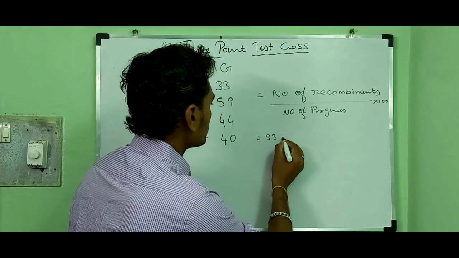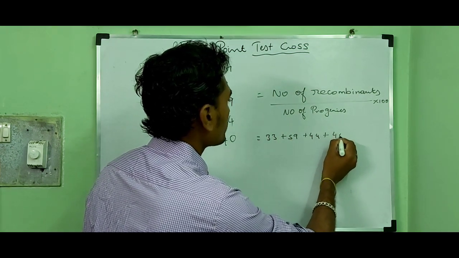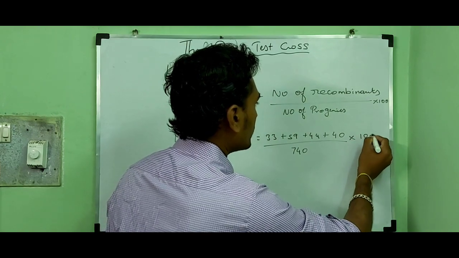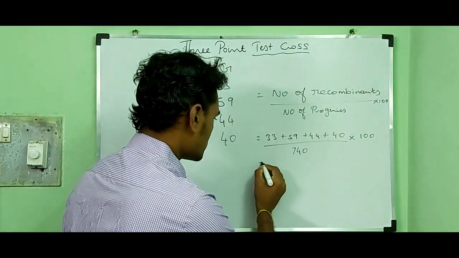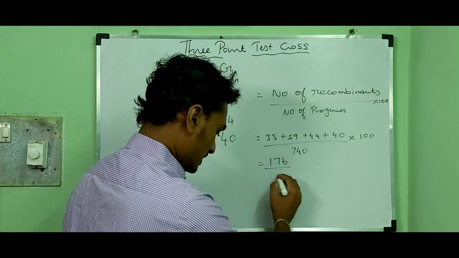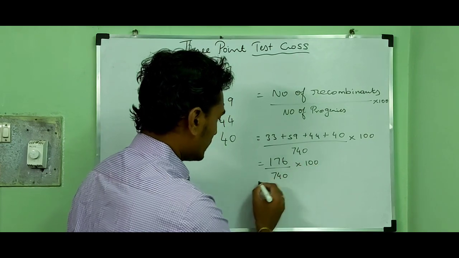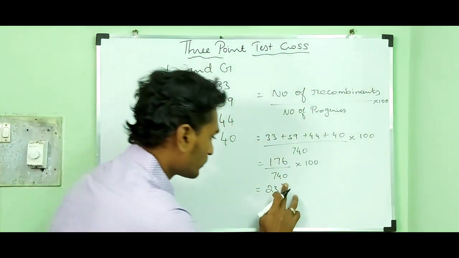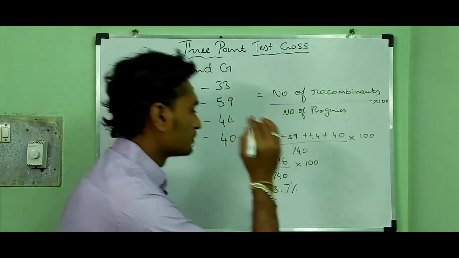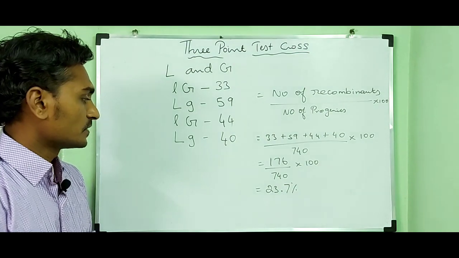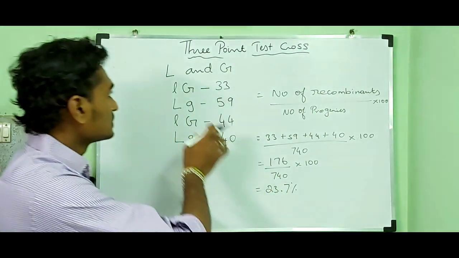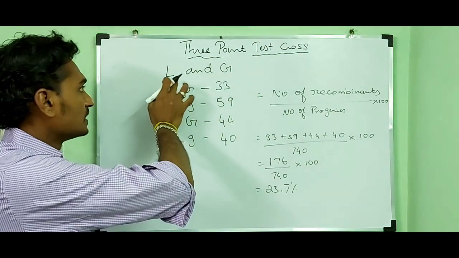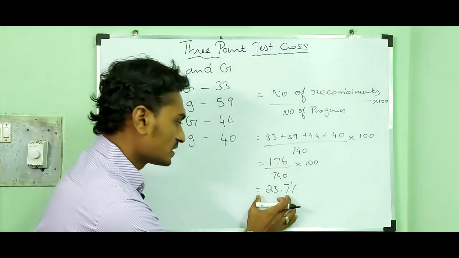So 33 plus 59 plus 44 plus 40, divided by the total number of progenies, 740, times 100. That is 176 divided by 740 times 100, which is about 23.7%. This is the recombination frequency for the alleles L and G. Please remember this value.